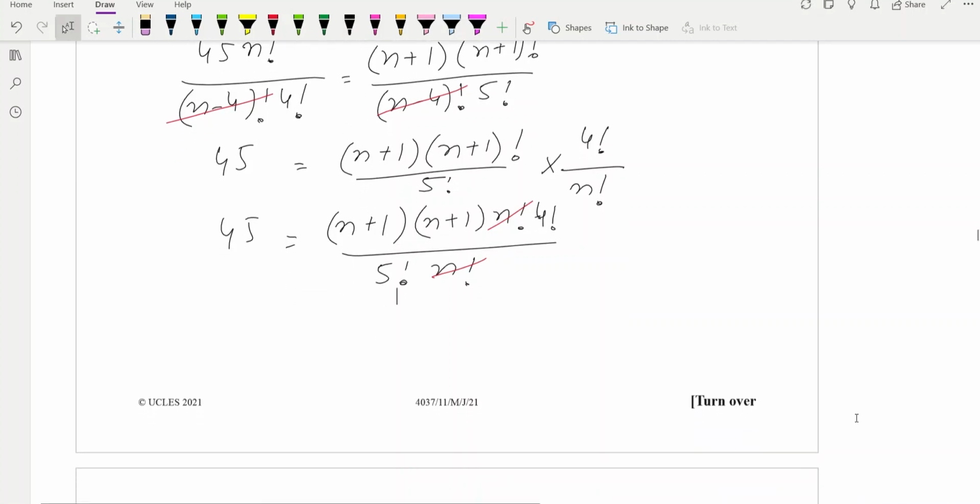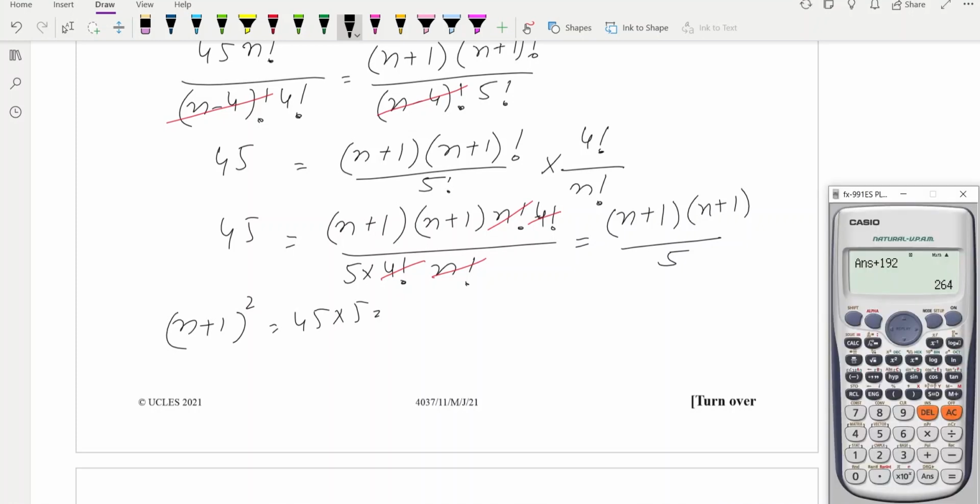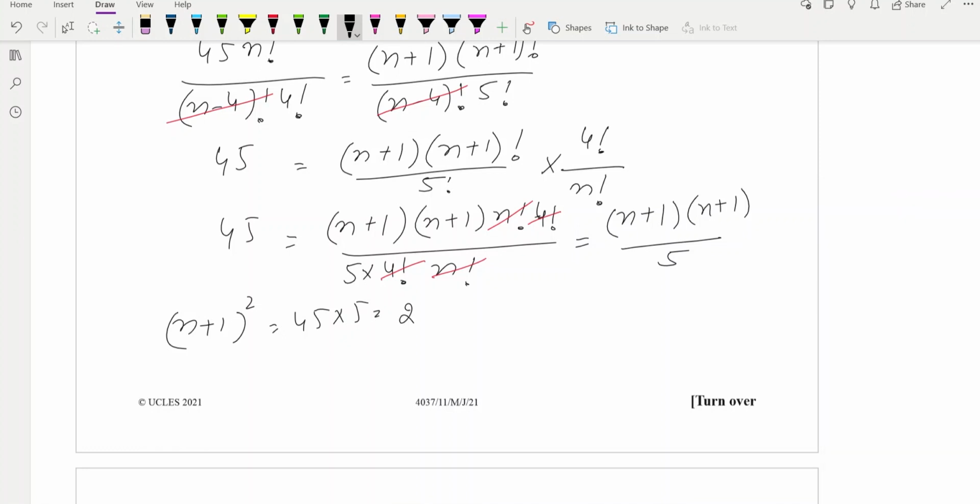And what we can do, instead of 5 factorial we will write 5 into 4 factorial, so 4 factorial will be cancelled with 4 factorial, and this will be equal to (n plus 1) into (n plus 1) over 5, and this implies (n plus 1) square is equal to 45 into 5, which is equal to 225.